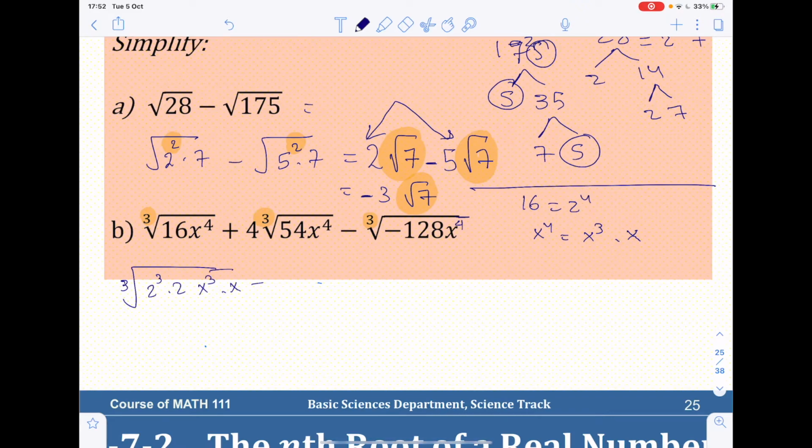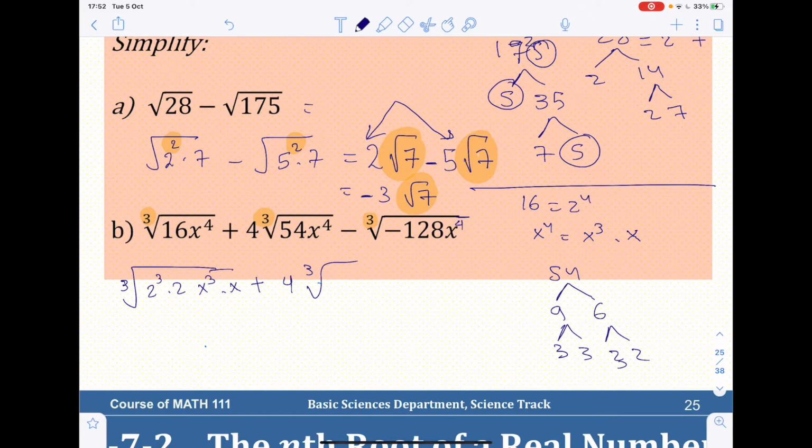Same thing here, 4, then the third root of 54. So 54 is divisible, from the times table, you can see that 54 equals 9 times 6, and 9 is 3 times 3, and 6 is 3 times 2.